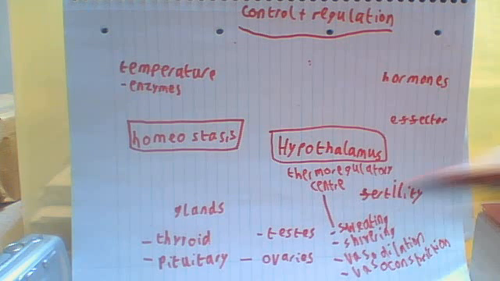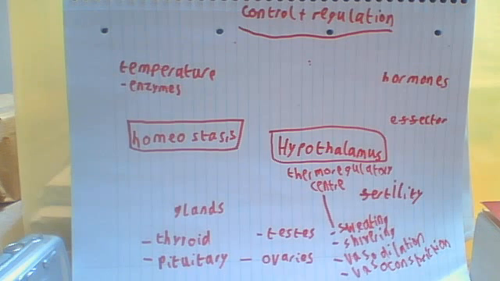Right, okay, so sweating obviously is used to cool us down, shivering is used to warm us up. Vasodilation basically means that the blood flow to the skin is faster, which can be used to warm us up again. Vasoconstriction is where the blood supply towards the skin is shut off.